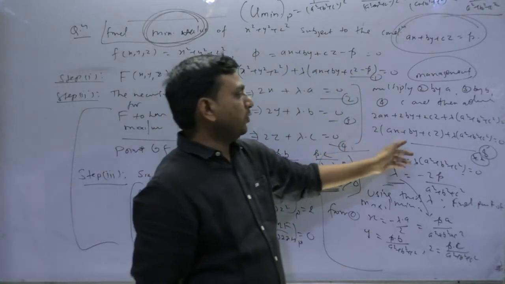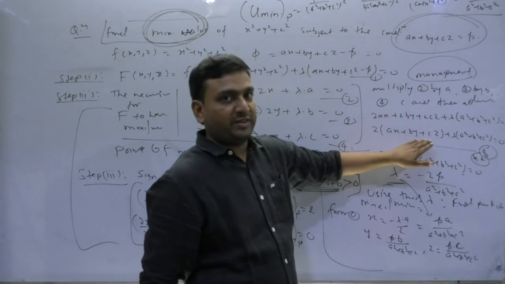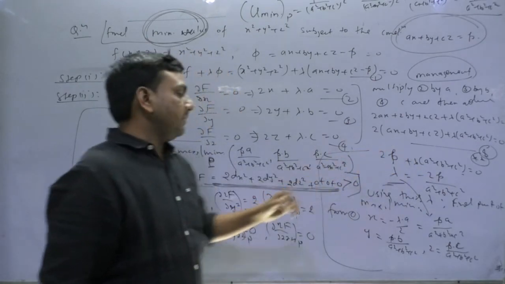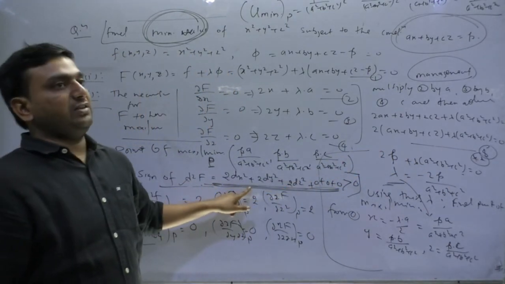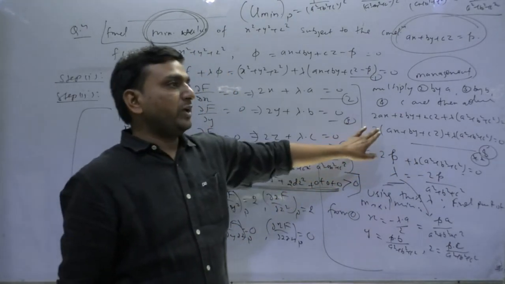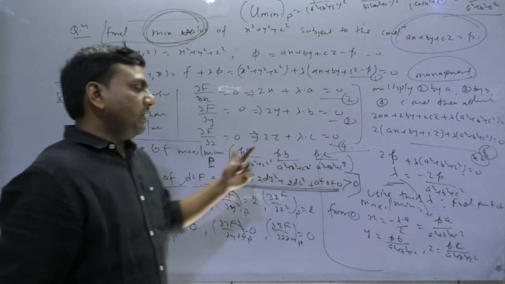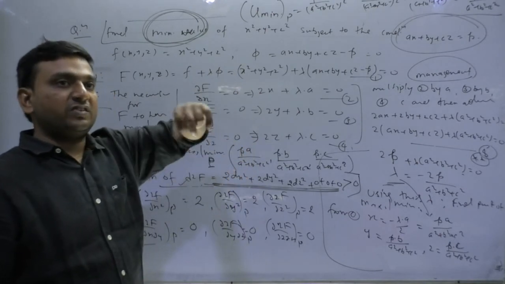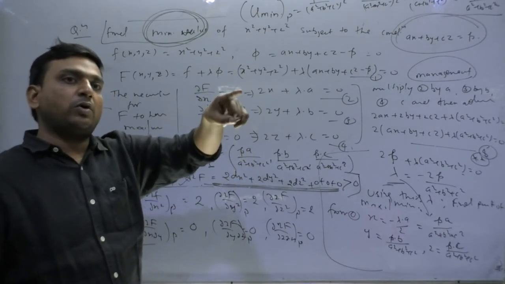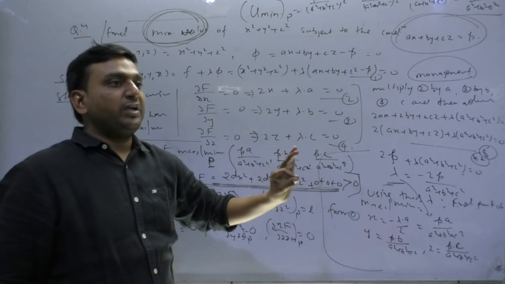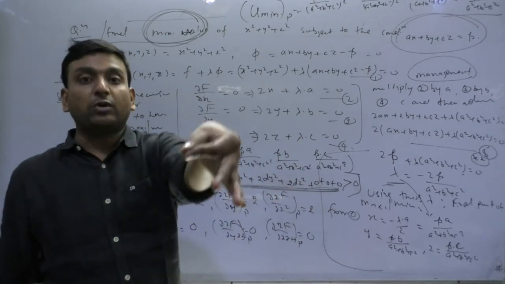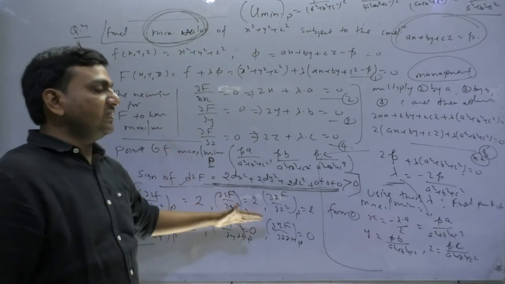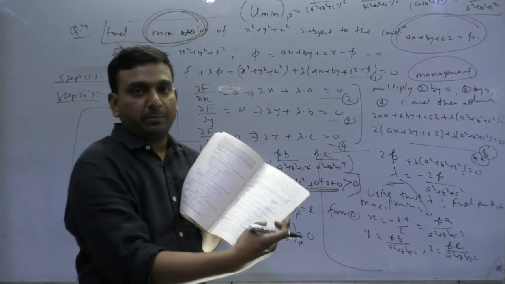Here it is possible that you may not find this point, but still you may be able to find the sign of d2f. So although here we are not able to determine that lambda, but we can predict the sign of d2f, then in that case we can say that function has either maxima or minima by the sign, but we cannot tell what is that particular maximum value or minimum value. So you'll have to explore all such possibilities through these examples.